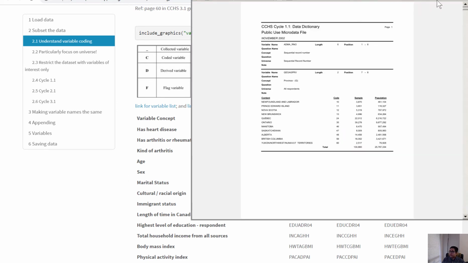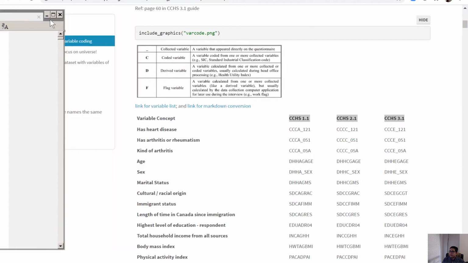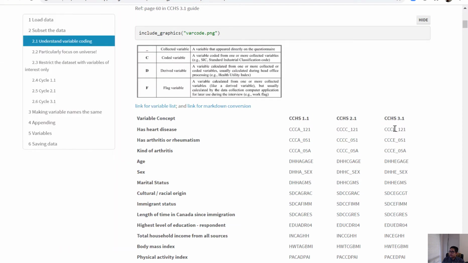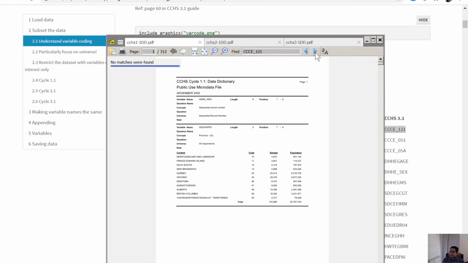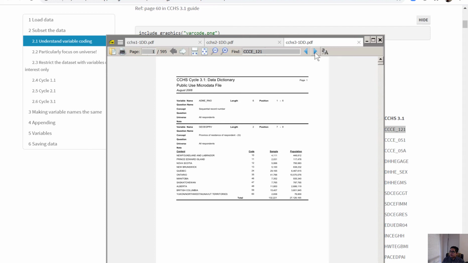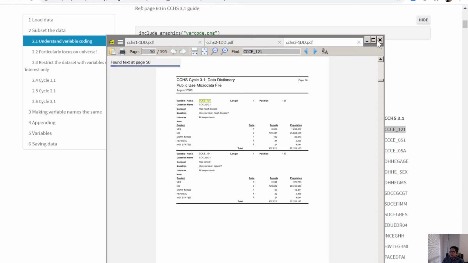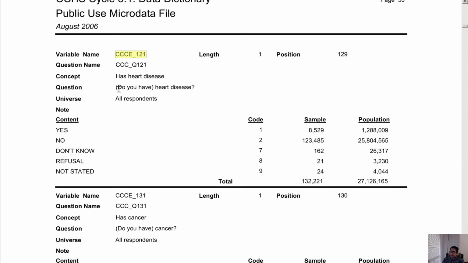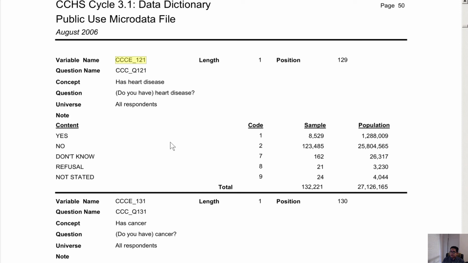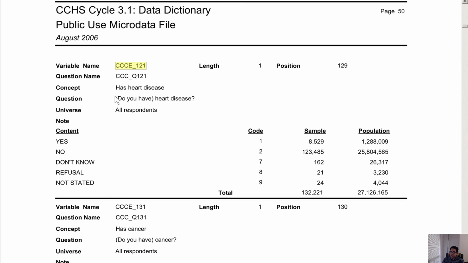Say for example, if you go to the data dictionary and try to find this variable, you will see that it represents the concept of having heart disease or not, and this also gives you some additional information when you are looking at the data dictionary.